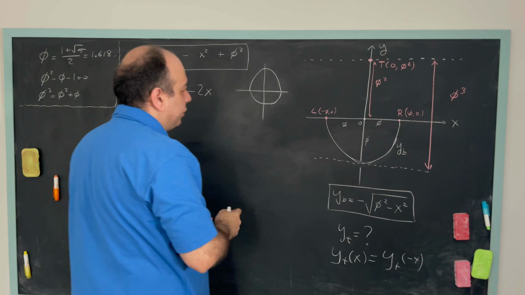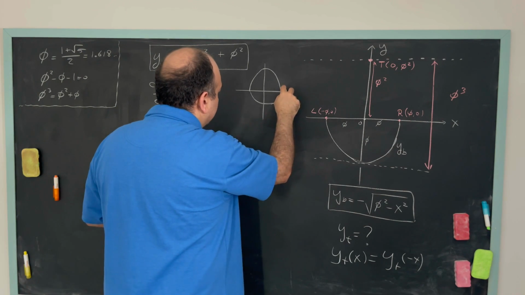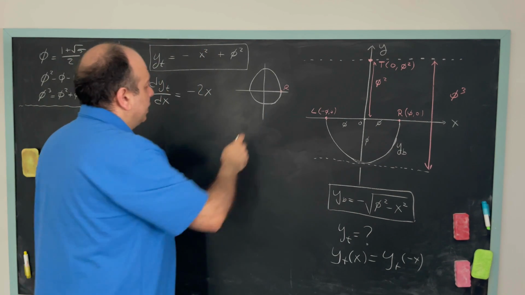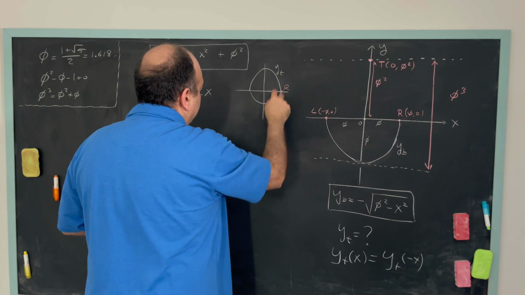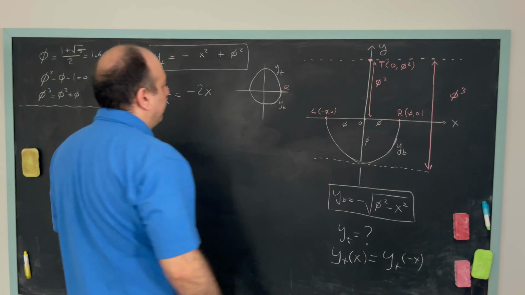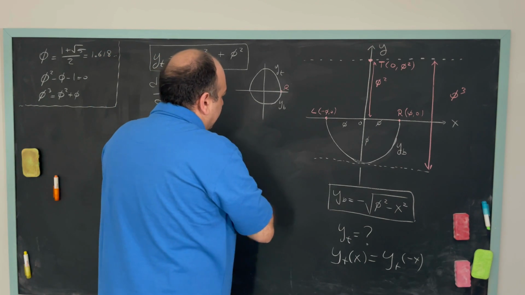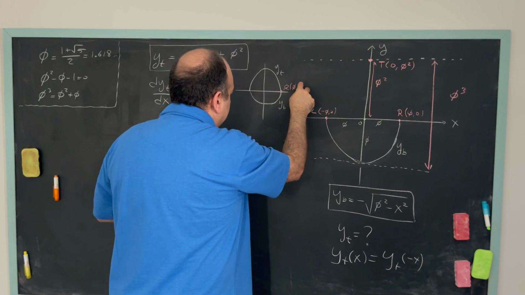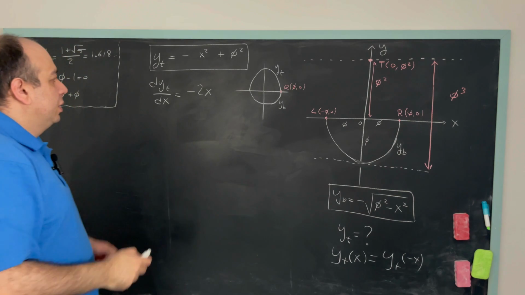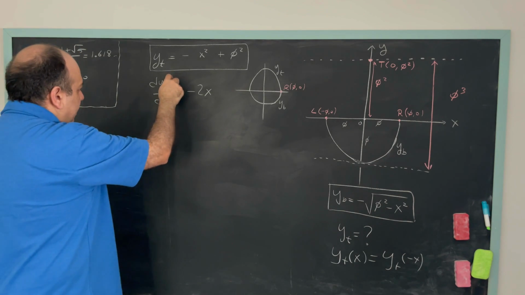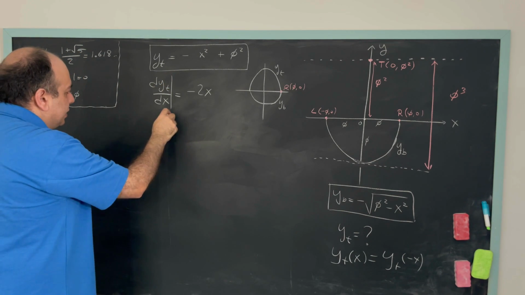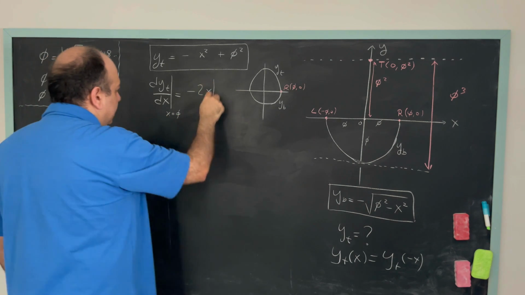Without loss of generality, let's look at the point R here. Okay. And this is my y top, this is my y bottom. So then R is at phi and 0. So let's calculate this derivative at x is equal to phi.